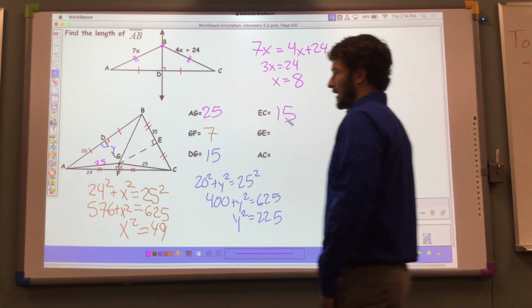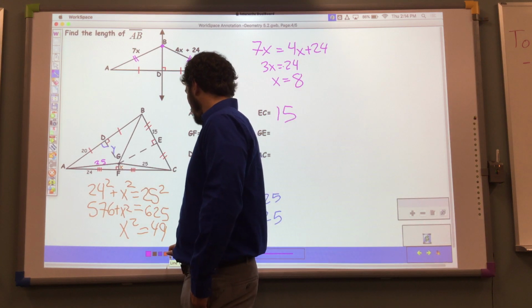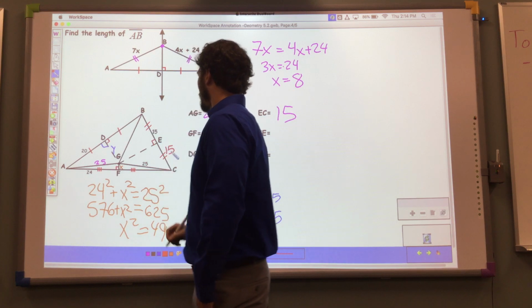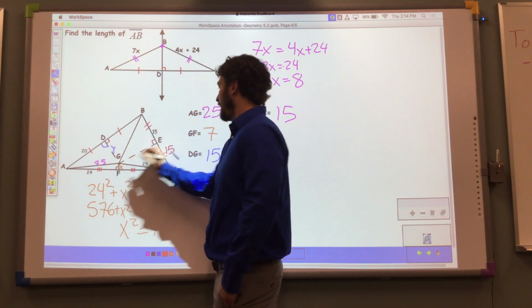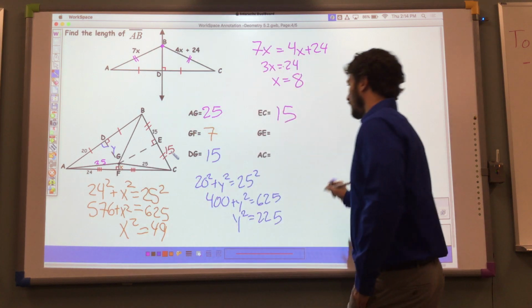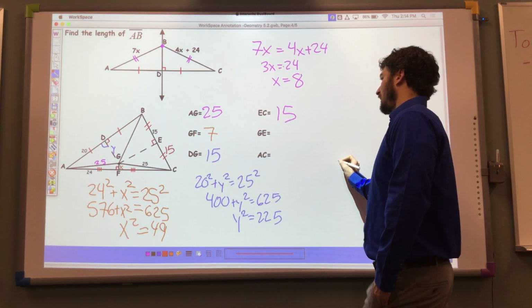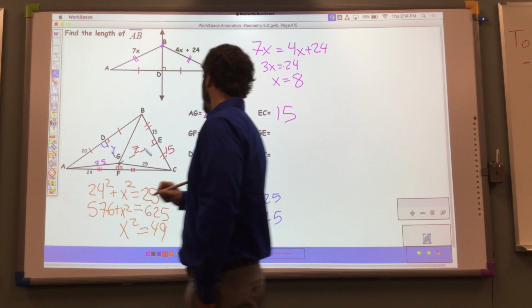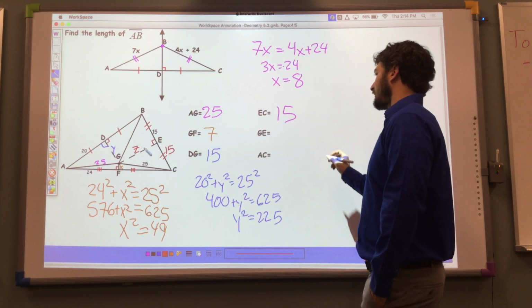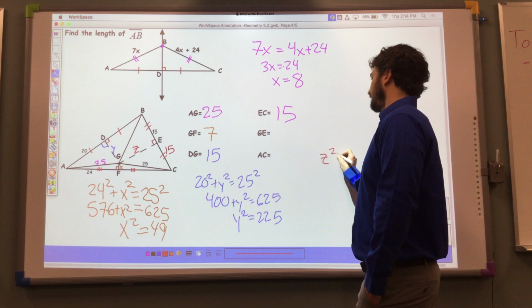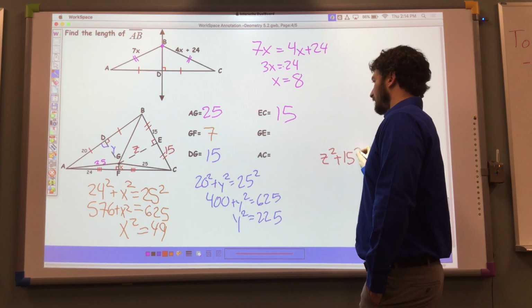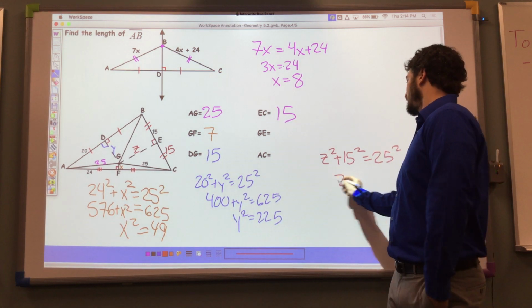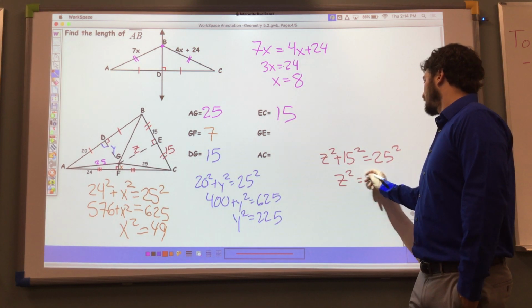GE, gonna have to use Pythagorean theorem once again. So we said this was 15. So then to find GE, let's call this Z. GE will be Z. So Z squared plus 15 squared equals 25 squared. Which you're going to get Z squared equals 225.